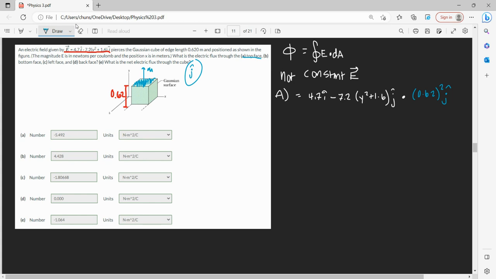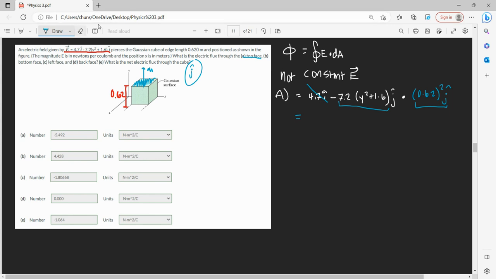We don't have any k components, nor any i components in the area, so the i term just zeroes out, because 4.7 times 0 would just be 0. Therefore, we are only dealing with multiplying these two together.